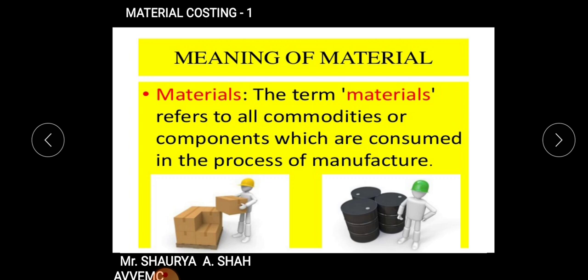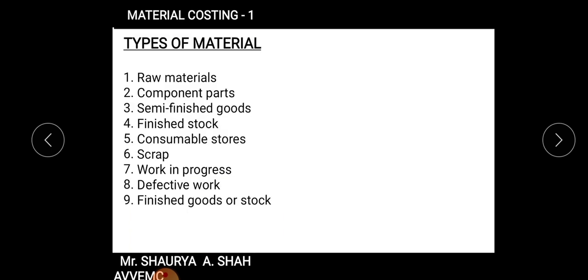But it is not the only material. Along with that, you require various kinds of things so that a packet of biscuit is produced, right? So all those components, or we can say commodities, which are consumed in the process of manufacture is known as material. Everyone is clear with the meaning of that thing, the entire chapter is based upon this crux only, right?